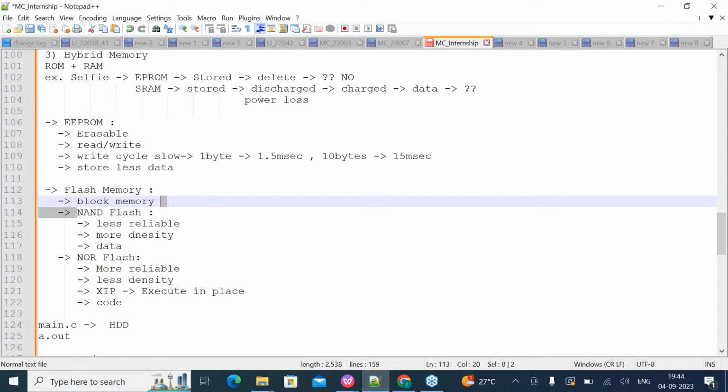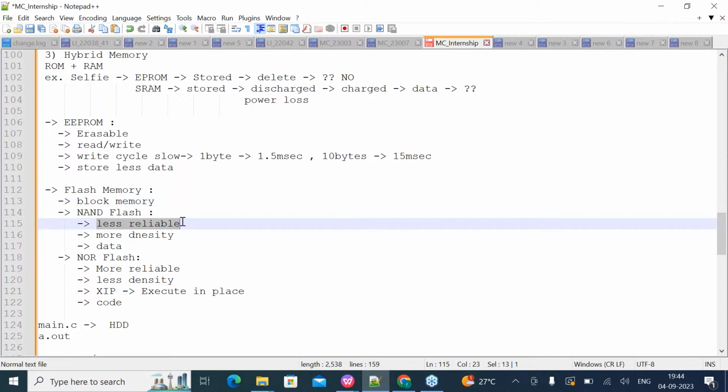Don't you think that at any time the data in your pen drive can get corrupted? So why? Because it's less reliable. At any time a bad block can occur and it may corrupt your data. That's the meaning of less reliable. And compared to that, NOR flash is more reliable.